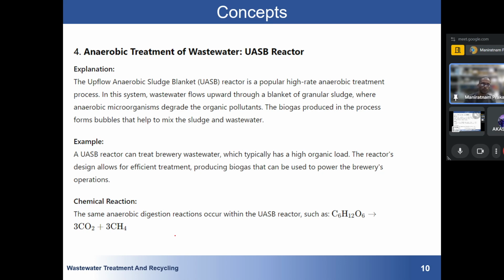So, one of the reactors. Remember, in treatment, in the primary sedimentation tank, we were discussing this. We have this sedimentation tank, and whatever the primary sedimentation process is, it will occur here only.